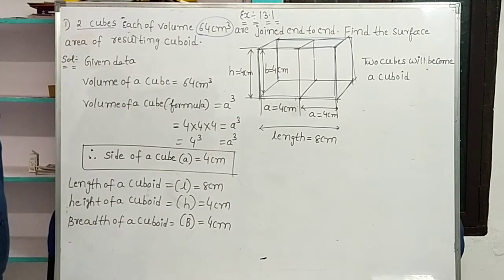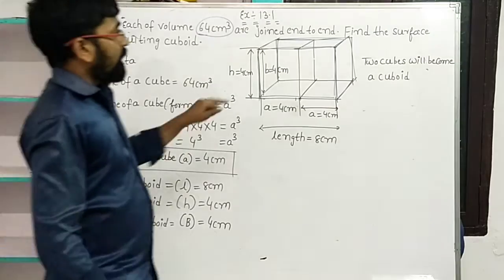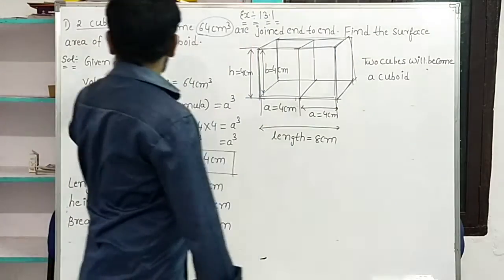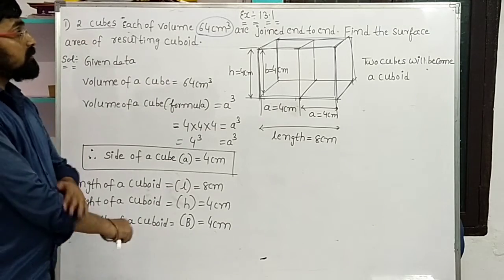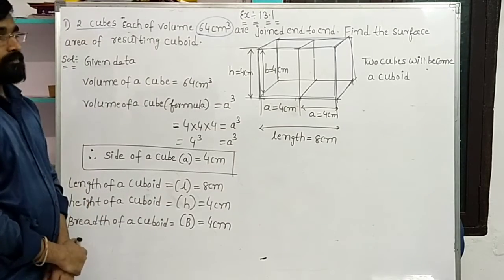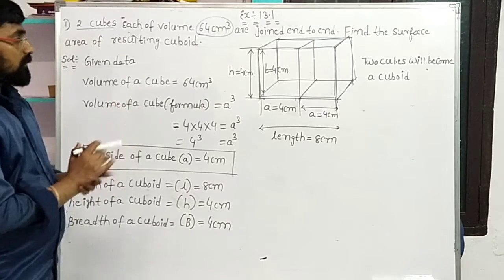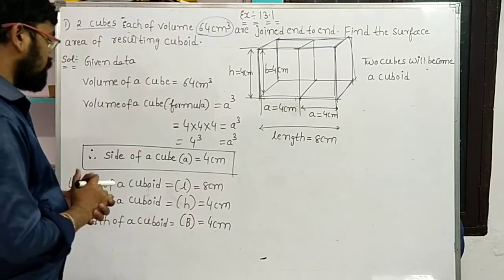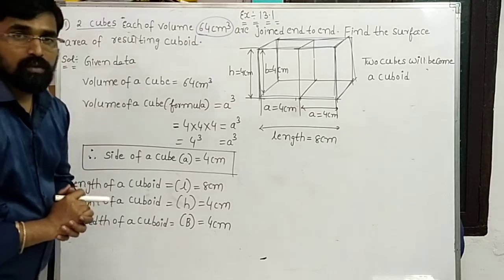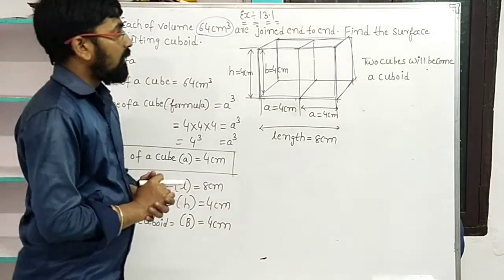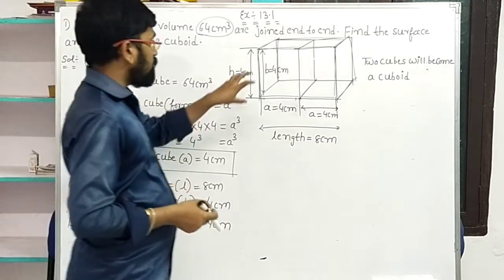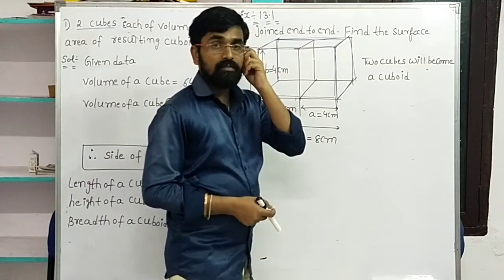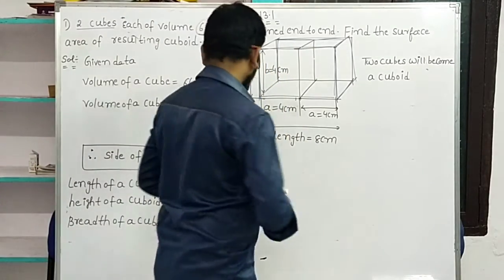Now we want to find the surface area of the resulting cuboid. We want the surface area of the resulting cuboid. Since the two cubes are joined together, it becomes the TSA of a cuboid.